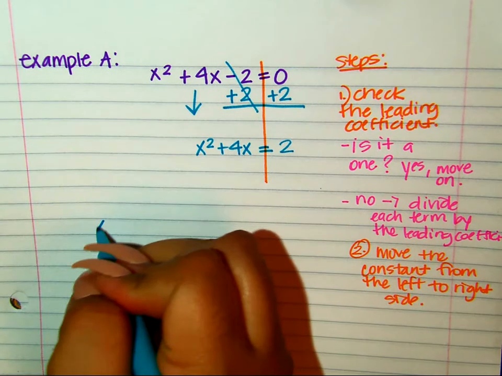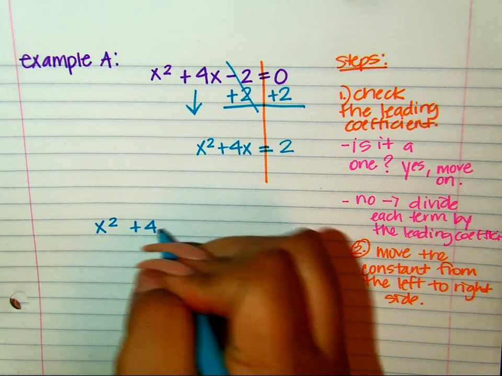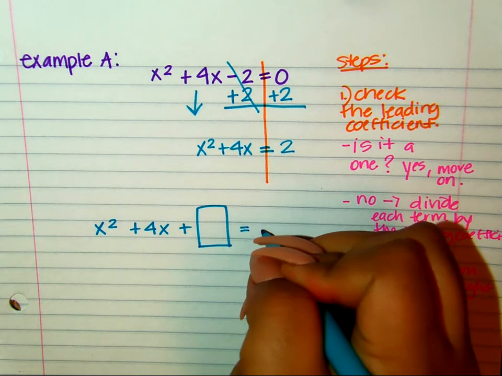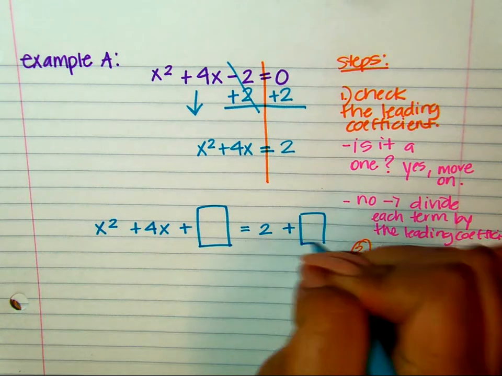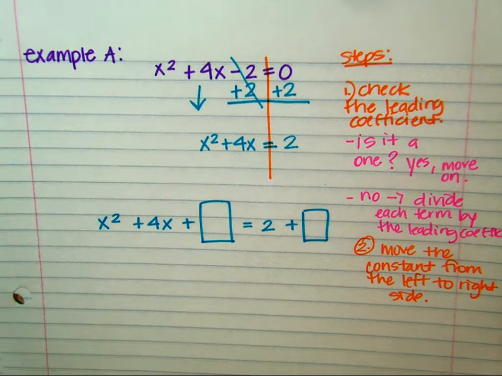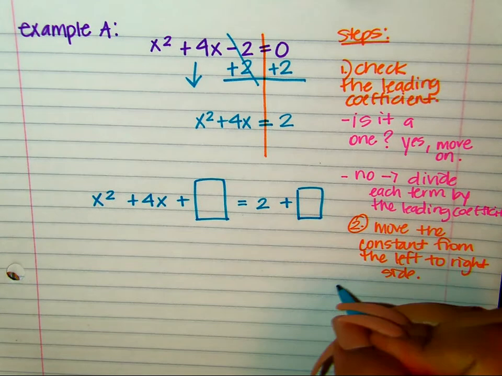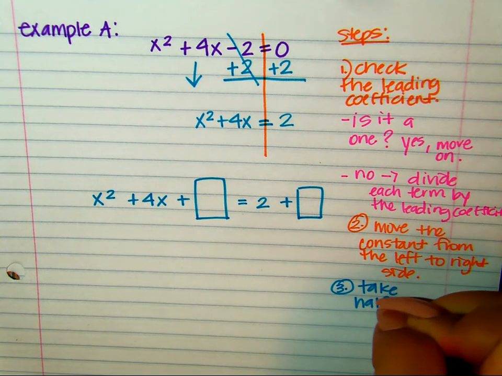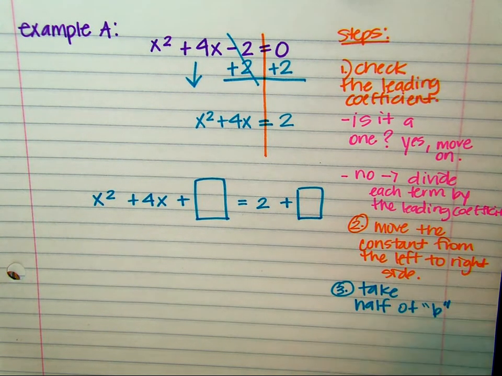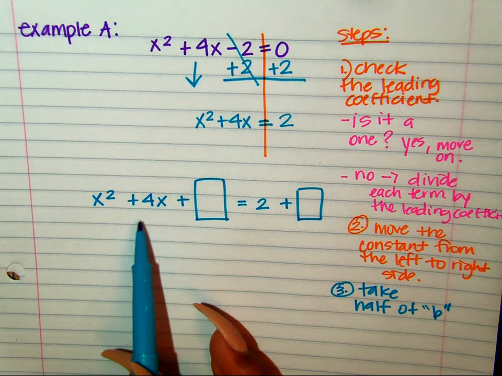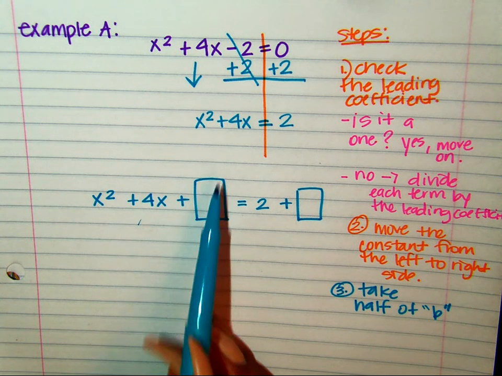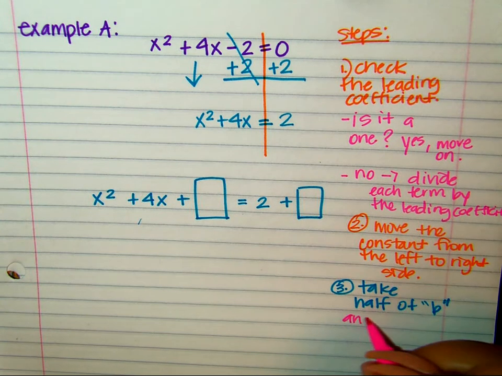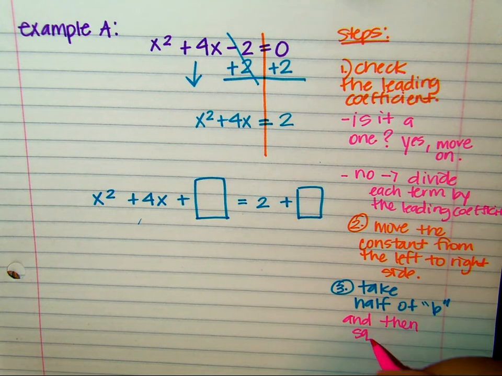So, I'm going to rewrite this here. Now that I've done those steps, I want you guys to see that I am now inputting some random boxes because that's going to help me with my next step. Alright, step number 3. I am going to take half of b. Where is b? B is right here. Remember, if we had ax squared plus bx plus c. I'm going to take half of b and then square it.